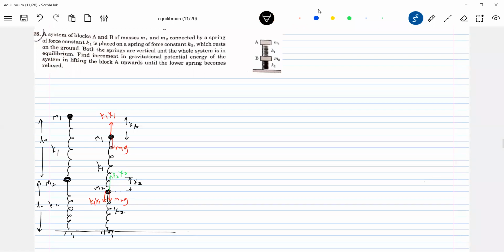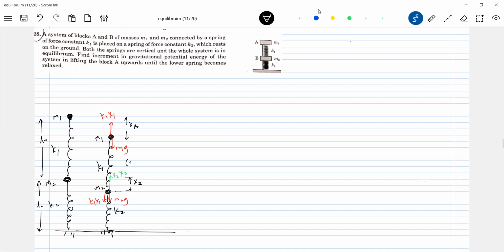Let's write some equations related to this. K1 X1. Now, what is X1? X1 is the compression in the spring. So what is X1 from the diagram? XA minus X2 should be the compression in the spring. Both the springs should be compressed.